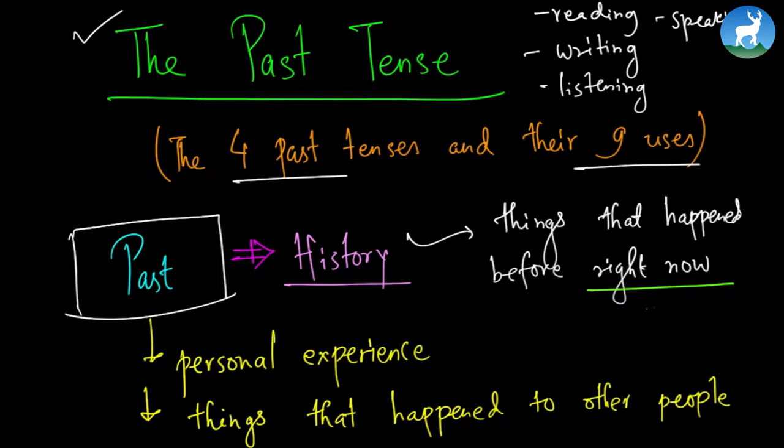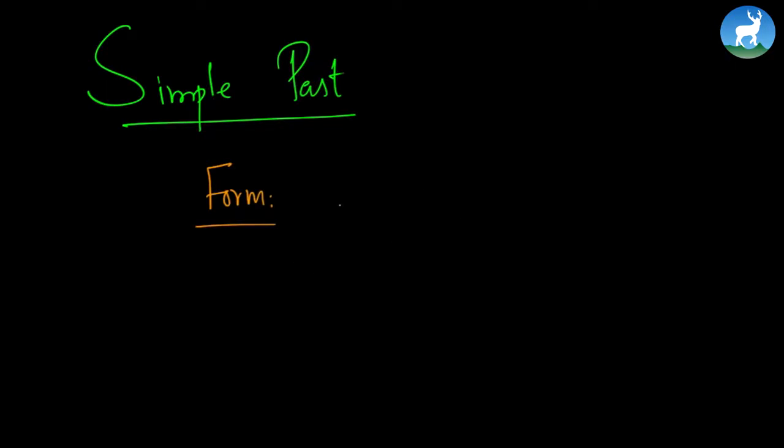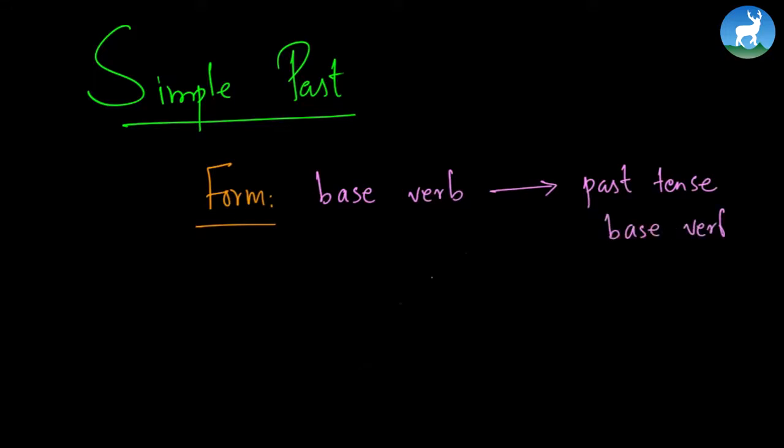So let's begin with the simple past. As the name suggests, it is very simple indeed. Let me write the form first. So what is the form? Take the base verb and change it into the past tense. Usually this means adding ed at the end of the word.